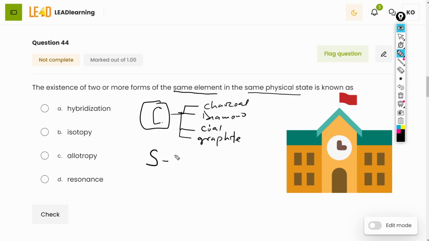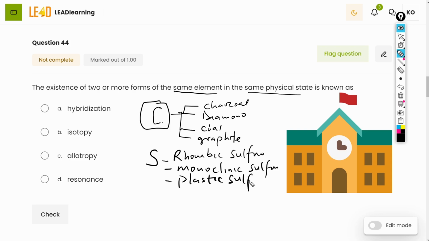So we have things like rhombic sulfur, monoclinic sulfur, plastic sulfur, and even amorphous sulfur. So our correct answer is the option C, allotropy.